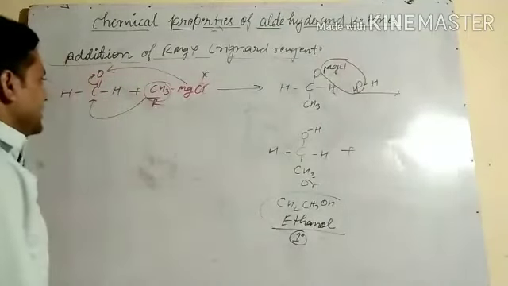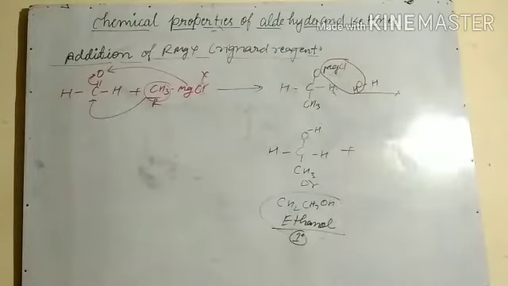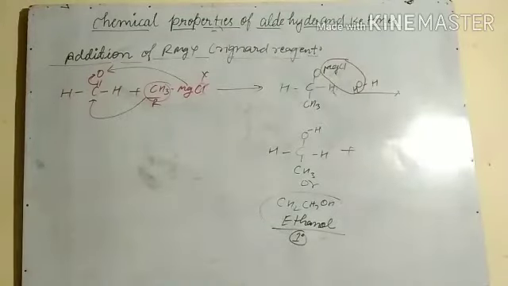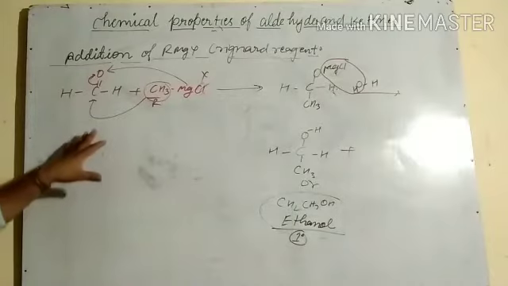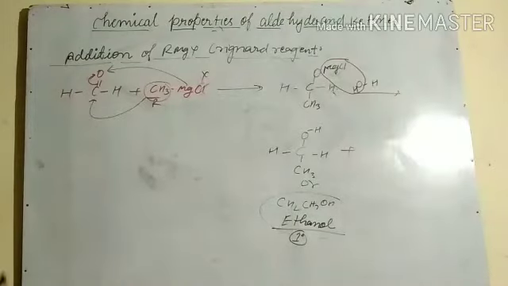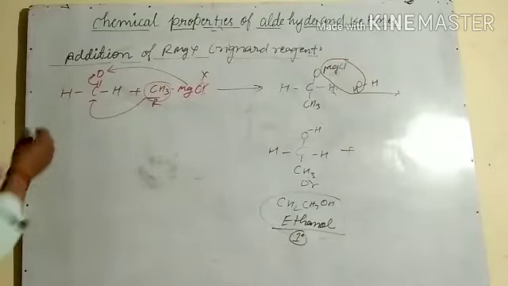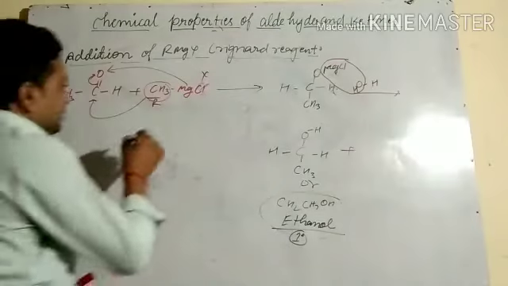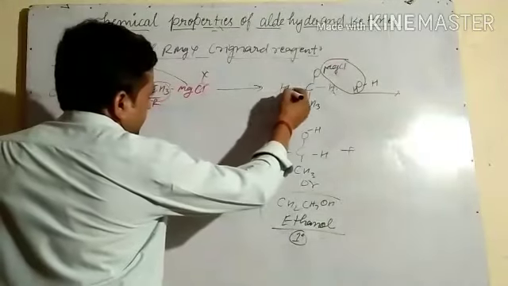If we want a secondary alcohol, first all of you note it. I think you have noted. So if we want a secondary alcohol, I will take acetaldehyde, CH3CHO. Nothing we have to change, just we have to write this.